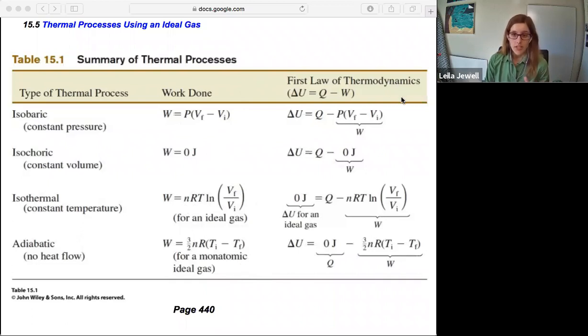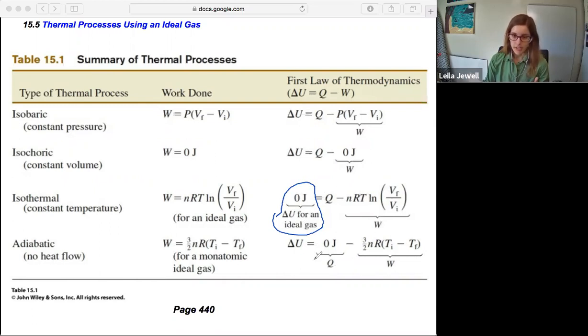And then how that relates to our first law of thermodynamics, which is just delta U equals Q minus W. So in most cases, it's just plugging in that work equation. In the isothermal, we see that delta U is 0 for an ideal gas, as we discovered in the example. And so then the Q is just going to be equal to the work.